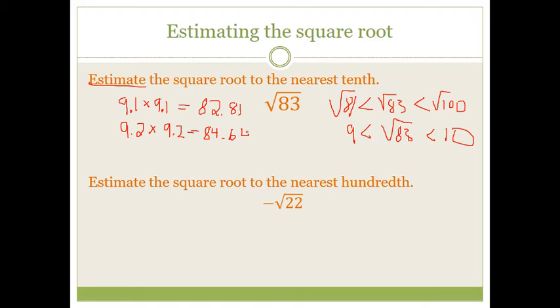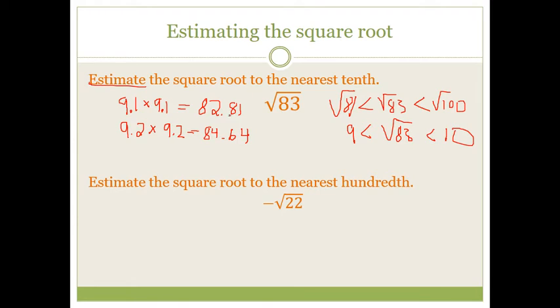Okay, so I'm trying to decide which of these numbers is closer to 83. Well, 82.81, that's only 0.19 away from 83. Less than 2/10 away from the number 83. Whereas 84.64 is 1.64 away. So you could subtract the two numbers. That's basically what I just did.